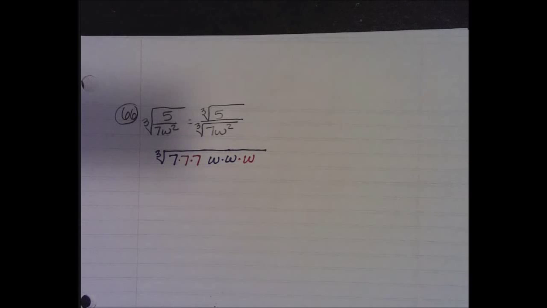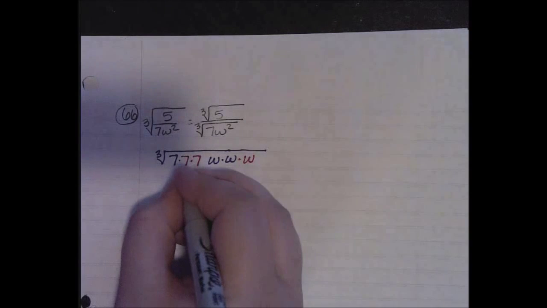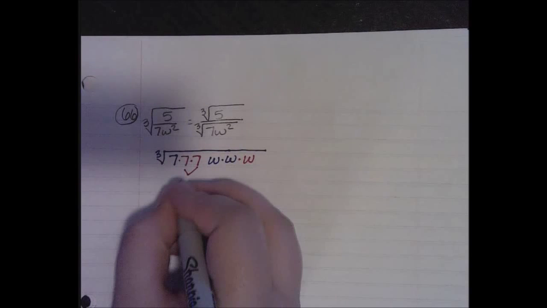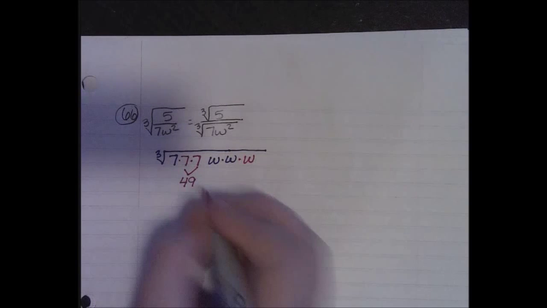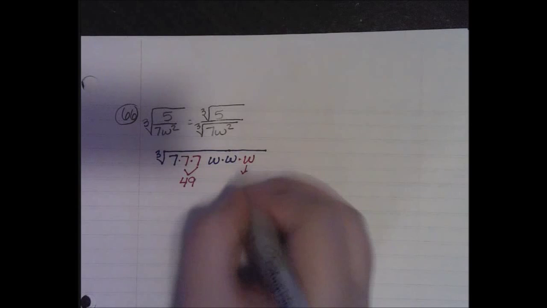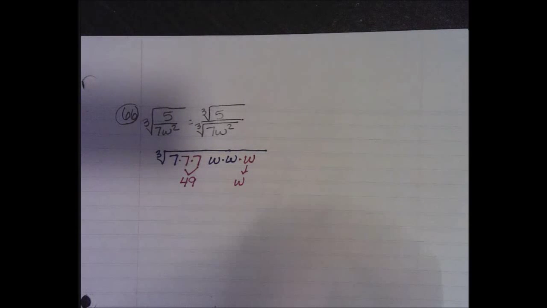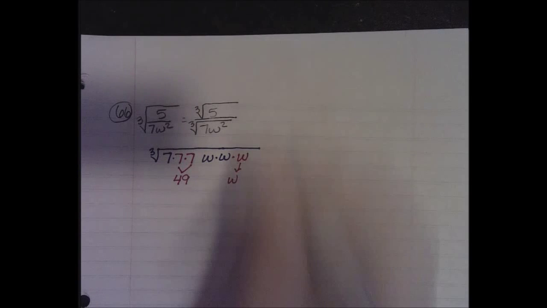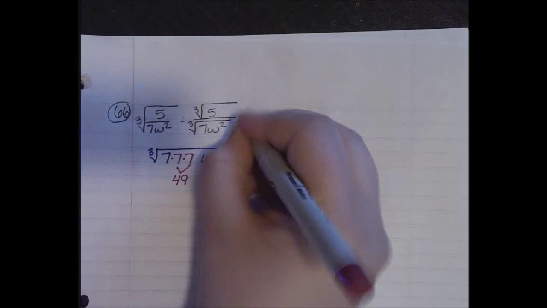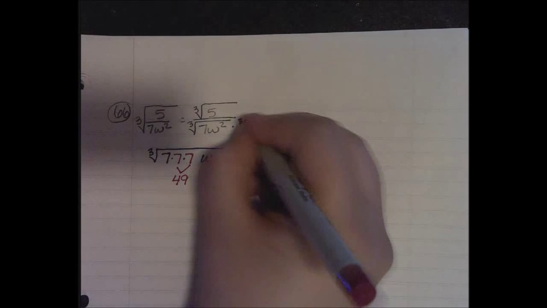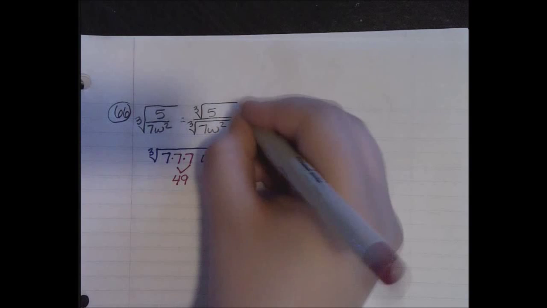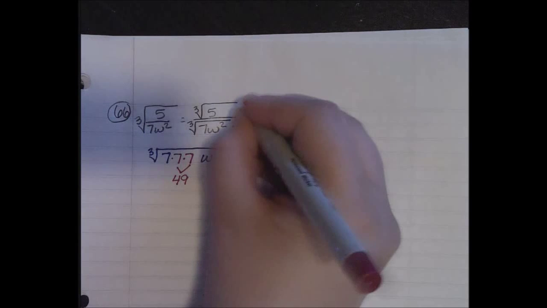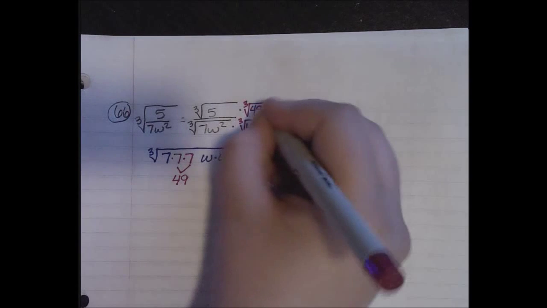So that gives us 3 7s and then 3 w's. So I'm going to multiply by that 49 and then that w. So I have my cubed root of 49w times my denominator and again by my numerator.